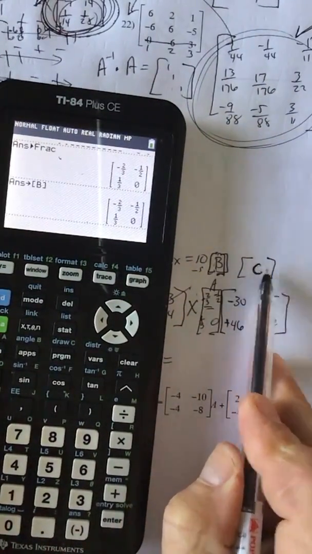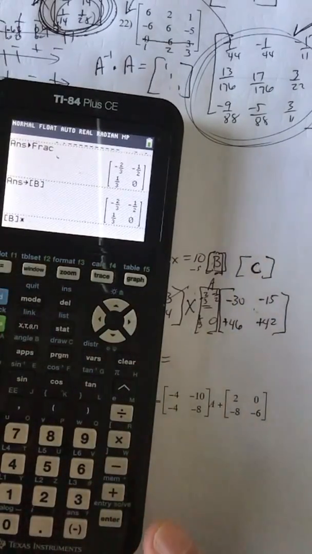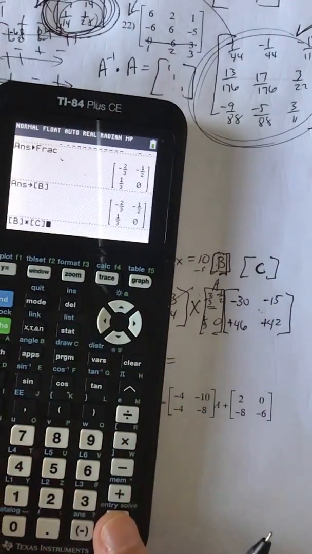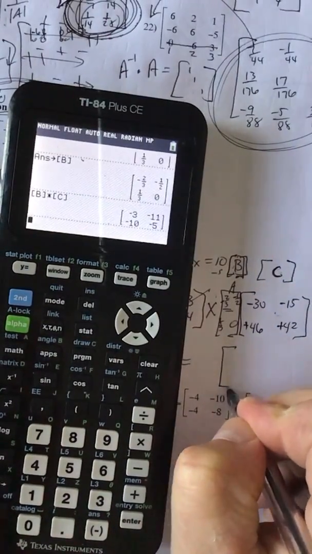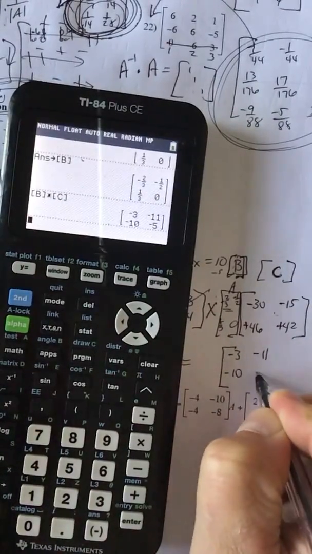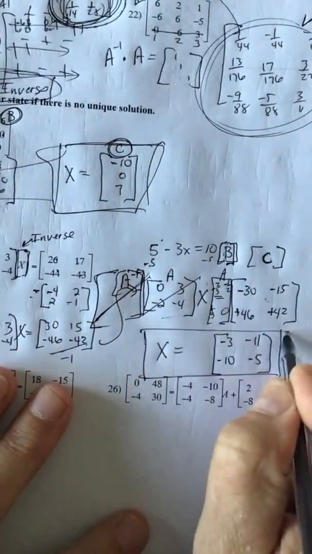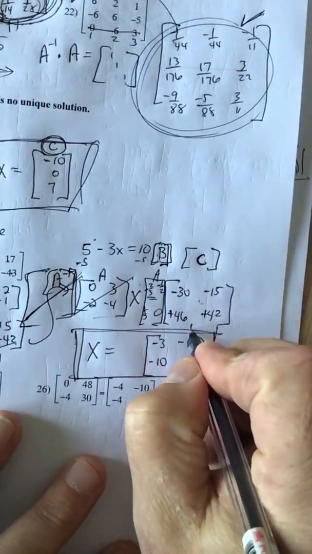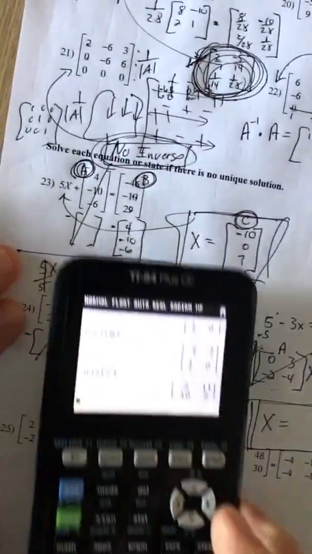And now all I need is B times C. So second matrix B times second matrix C. B times C is, the missing unknown matrix was -3, -11, -10, and -5. I'm going to store this one in matrix D for just a second.